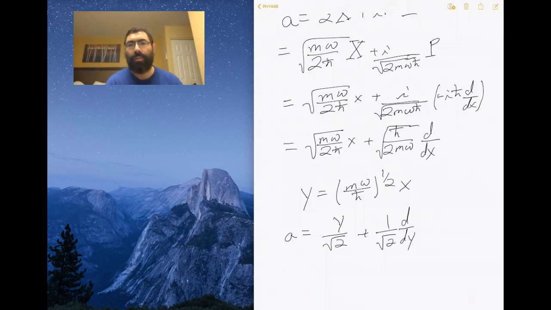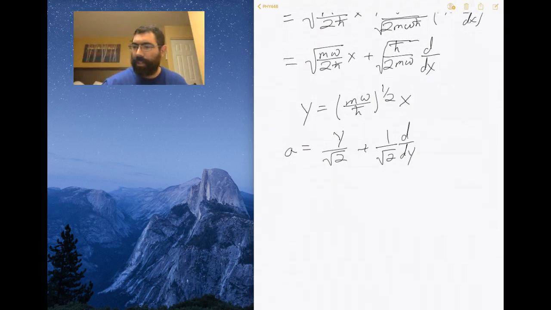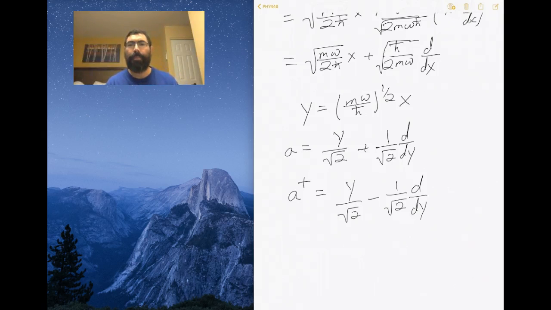So we've hidden all of those m, omega, h bar factors into the y variable. Now similarly, for the raising operator we get y over the square root of 2 minus 1 over the square root of 2 d/dy.